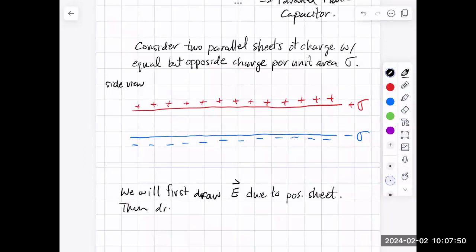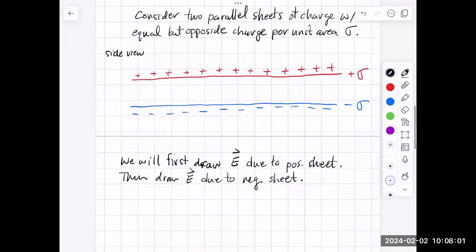Then draw the electric field due to the negative sheet. The net electric field is the sum of the two.